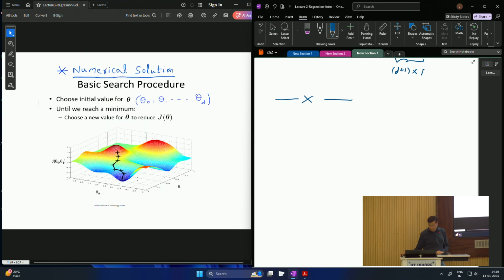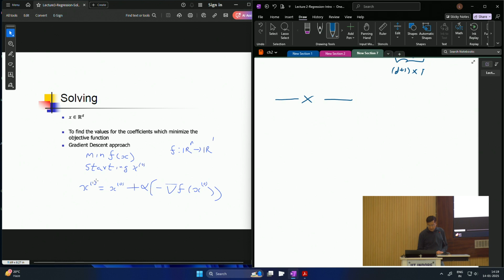So what we do is we apply something called the gradient descent approach. Those who did optimization would know we did steepest descent. It's the direction of the negative gradient that you go. Those who have not taken it, like in Newton's method for solving a nonlinear equation, you start from a guess and you move towards the solution.